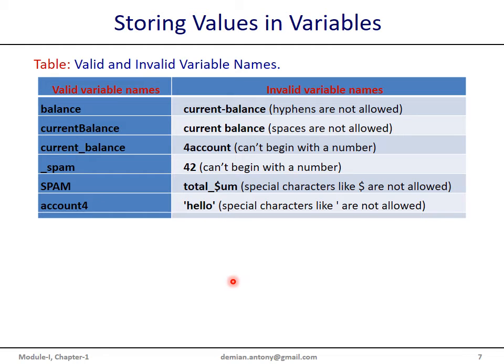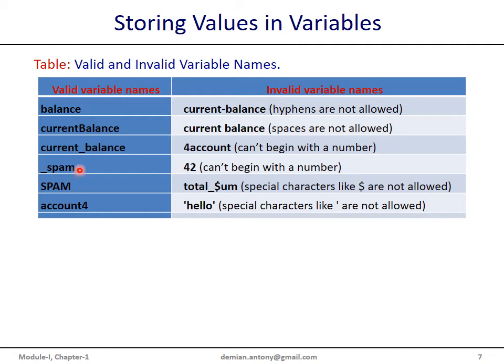Here we have a table which lists the valid variable names as well as invalid variable names. Balance is a valid one. Current balance is again a valid variable name. Current underscore balance is a valid one because underscore is allowed in the variable name.